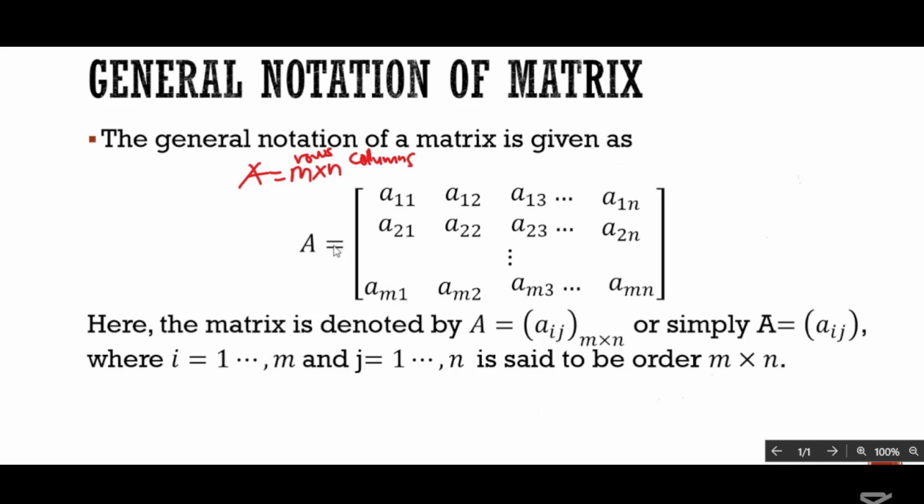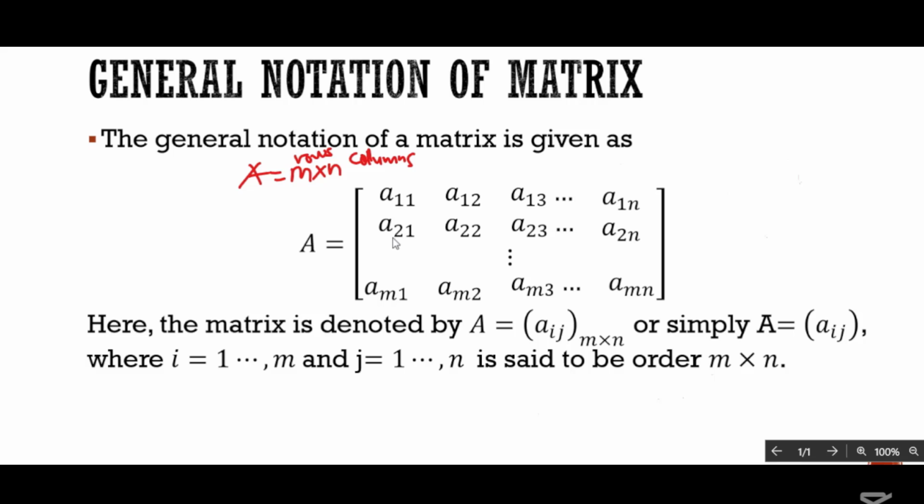A matrix is given in this way, where we have the first element represented as A11, the second element as A12, the third element as A13, up to the last element of the first row.